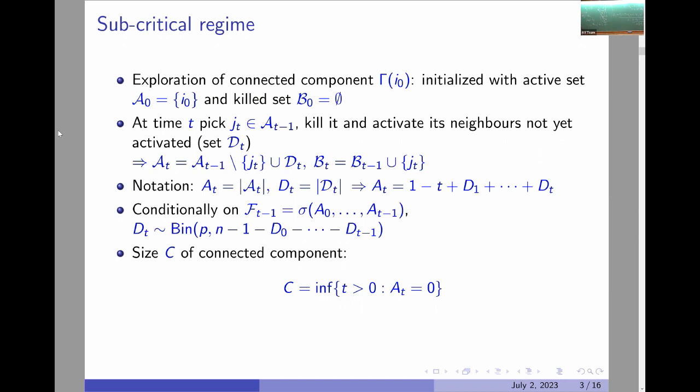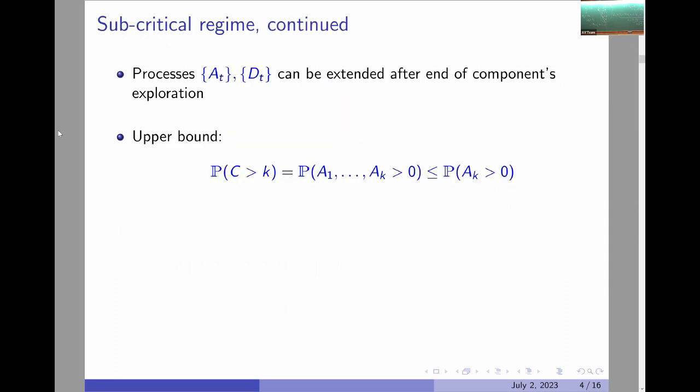Okay, so this kind of relationship between construction of a connected component and a random walk allows us to prove the kinds of results for the emergence of the giant component. So let me proceed.